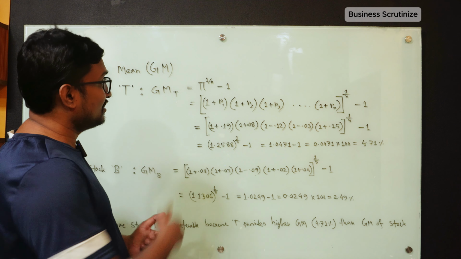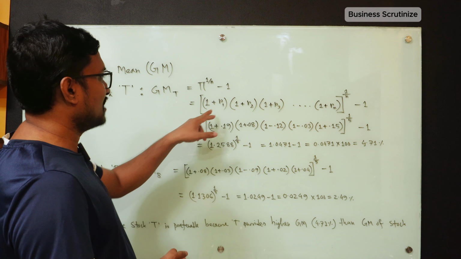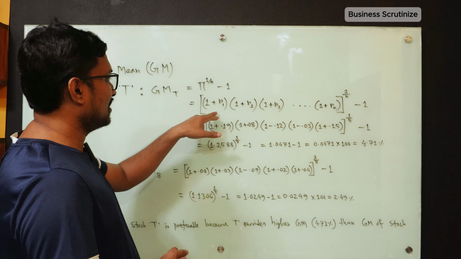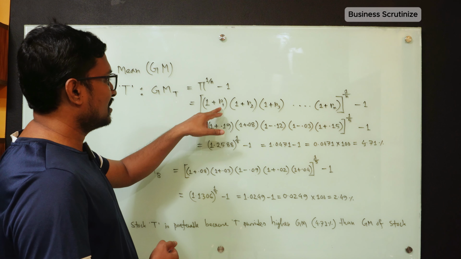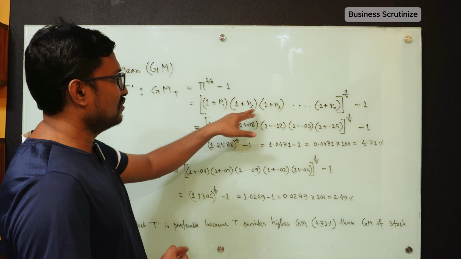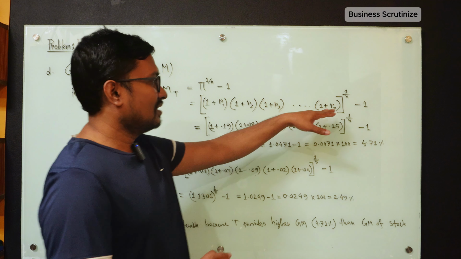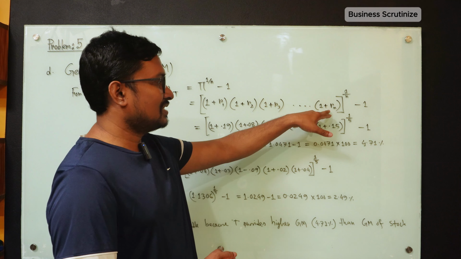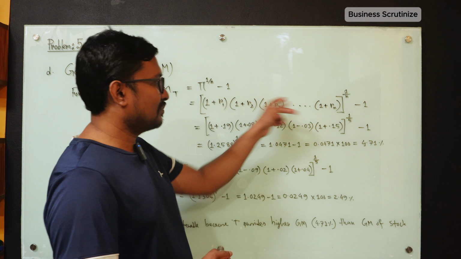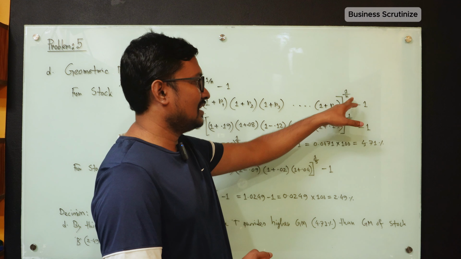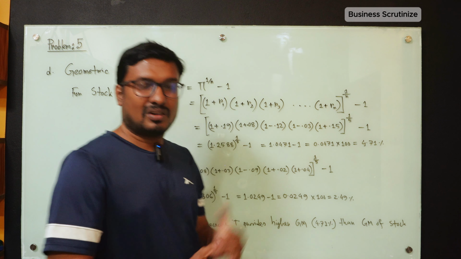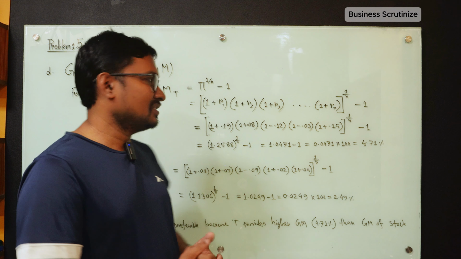If you want the details, the extended formula is: 1 plus return 1, 1 plus return 2, 1 plus return 3, in this way, for the nth return, we just multiply each other, to the power 1 by n, minus 1. N represents the number of returns, or number of variables, or number of years.